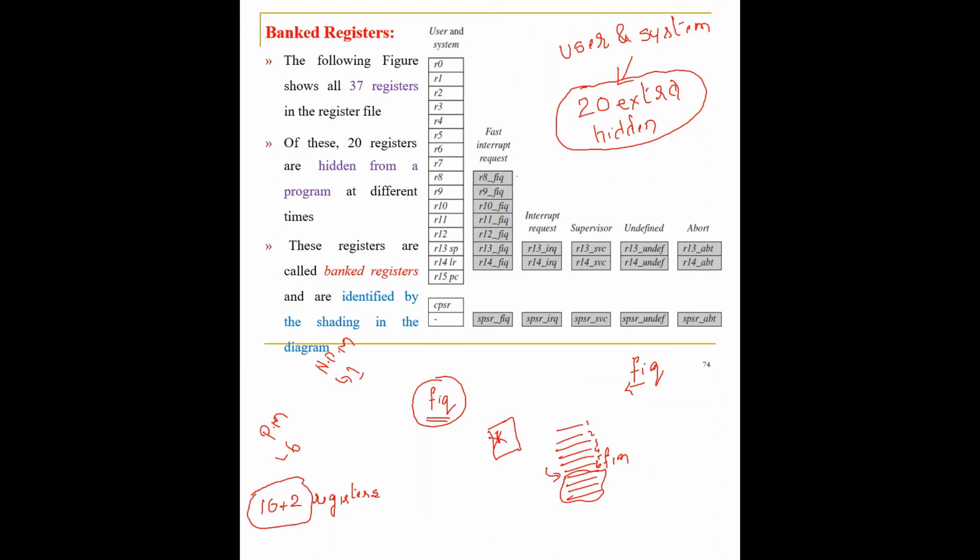Now, as soon as this interrupt request comes to the processor, the address corresponding to these instructions should be stored somewhere, right? Whatever values were present in the CPSR, this entire CPSR copy has to be stored somewhere, right?